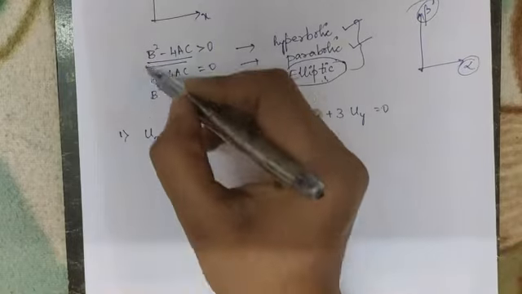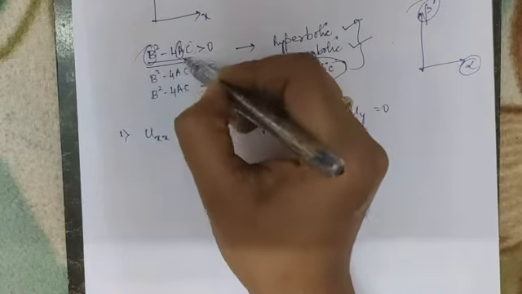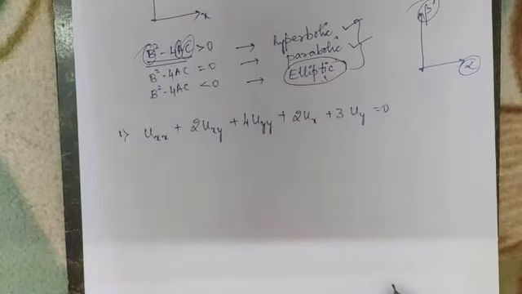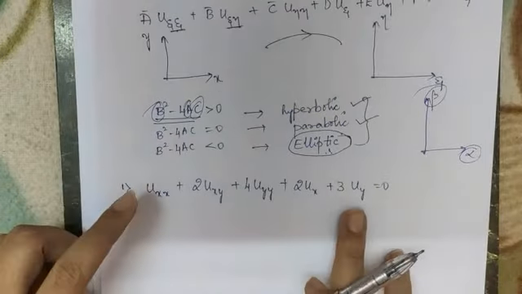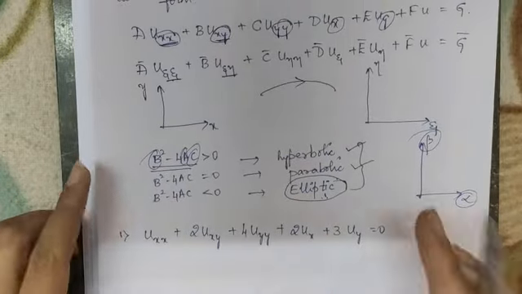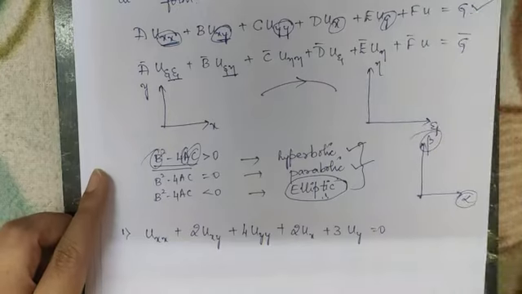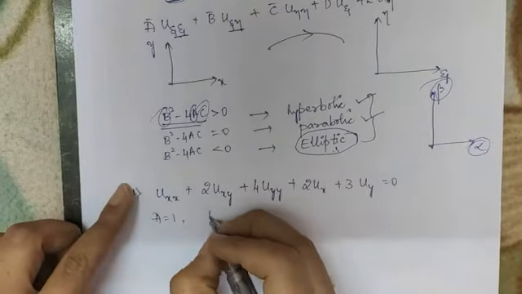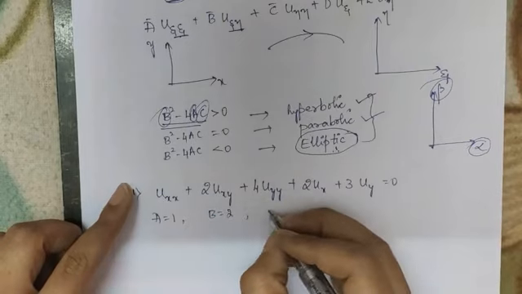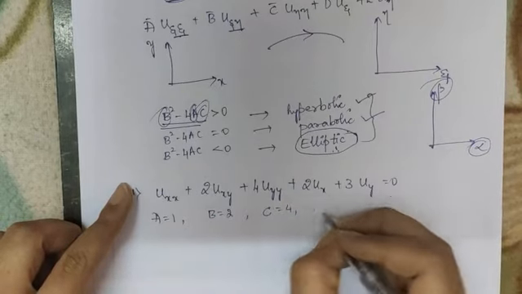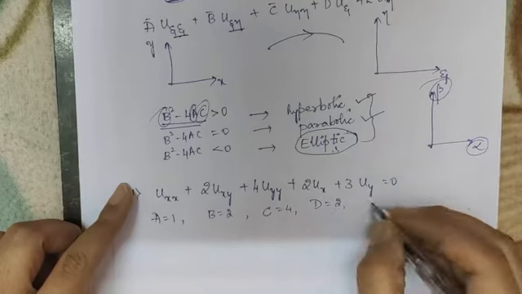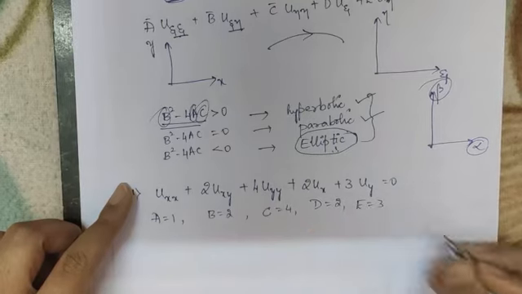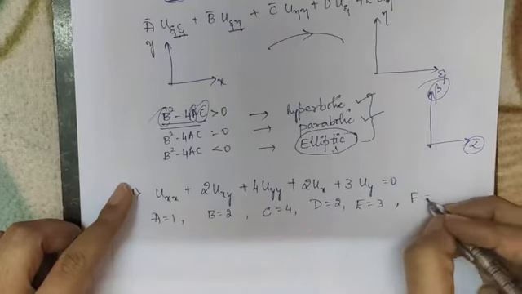For that, I have to find the values of a, b and c. Comparing with the general equation, a is 1, b is 2, c is 4, D is 2, E is 3, and we have F and G as 0.